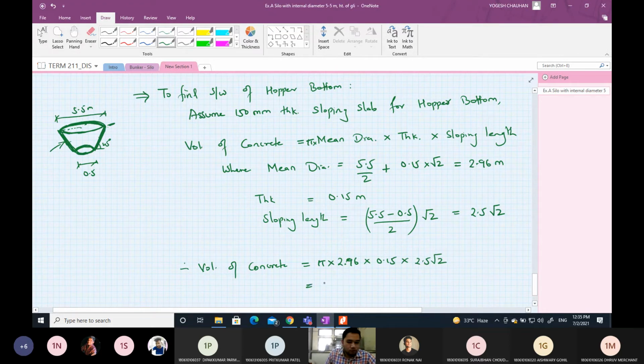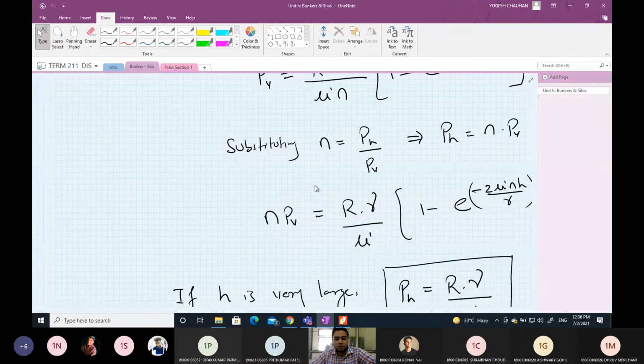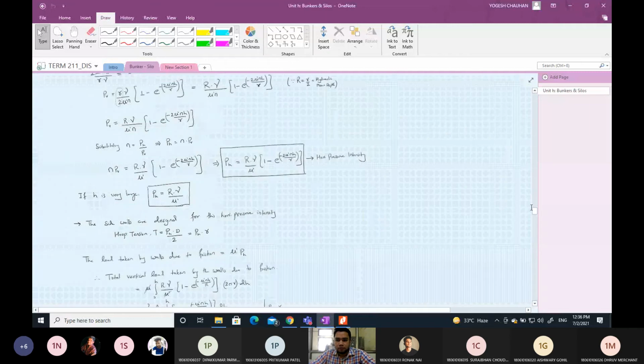So this will give you 4.93 meter cube. This is the same thing we calculated for the bunkers of circular shape.